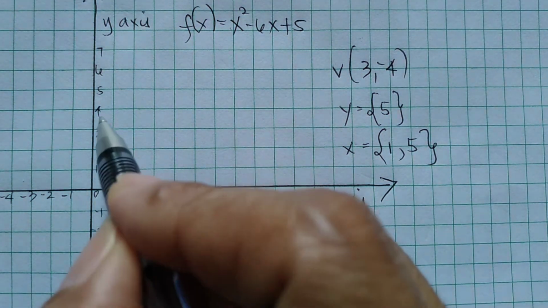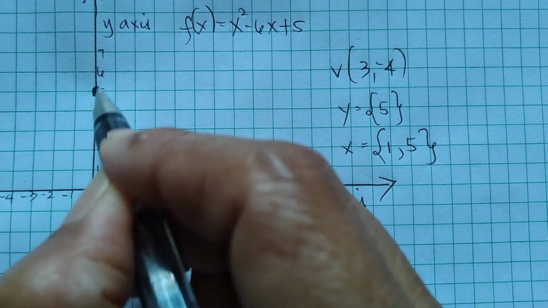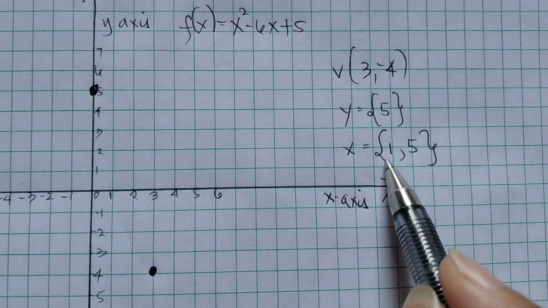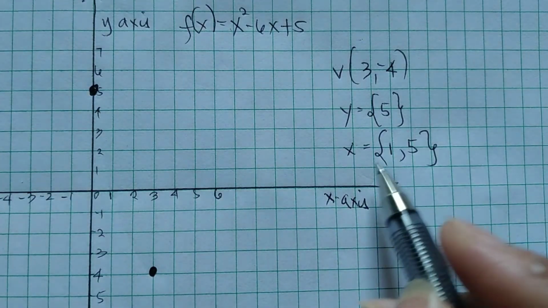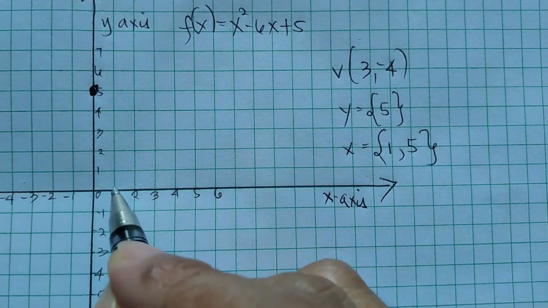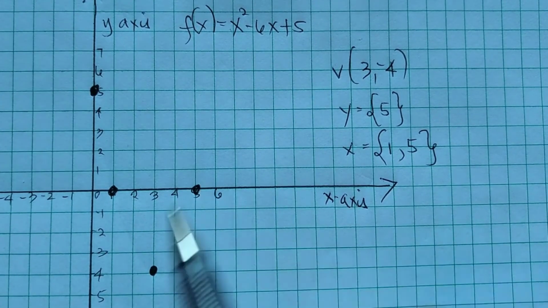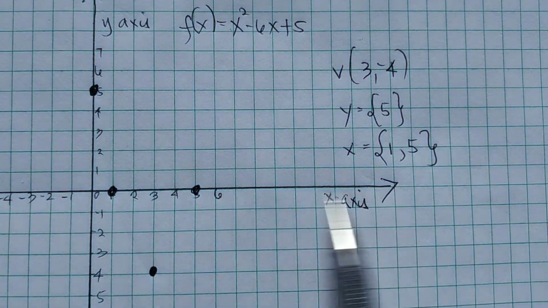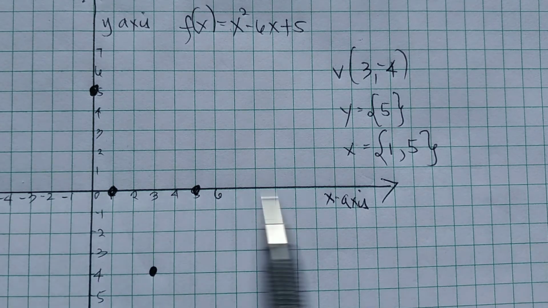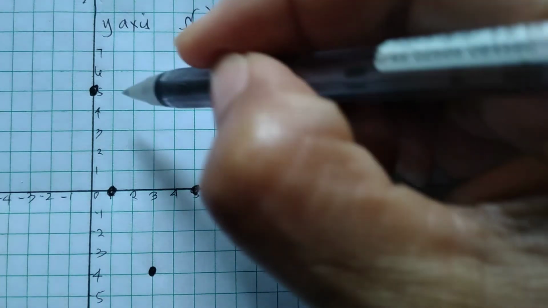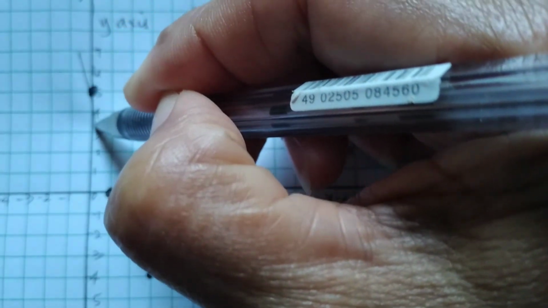So this is the point where the parabola crosses the y-axis, and we have the x-intercepts, that is positive 1 and positive 5. So these are the points where the parabola passes through the x-axis. So the next thing that we are going to do is to connect the points.